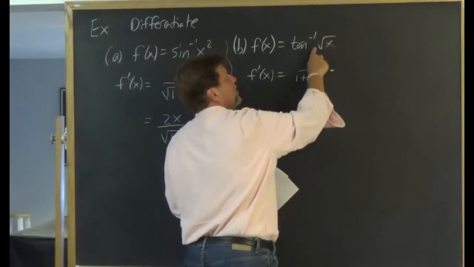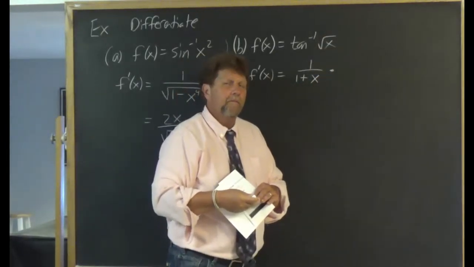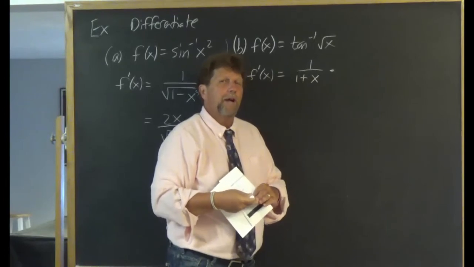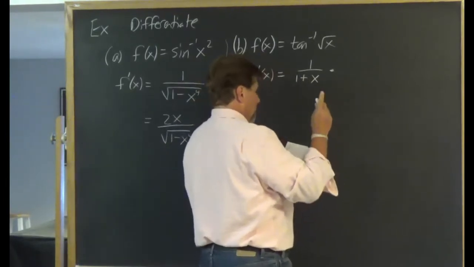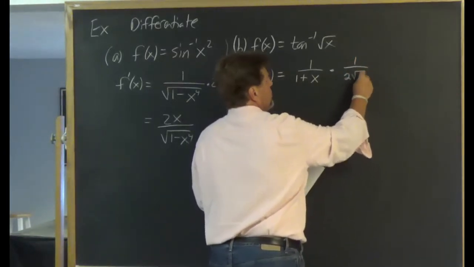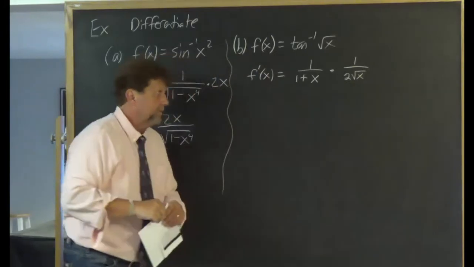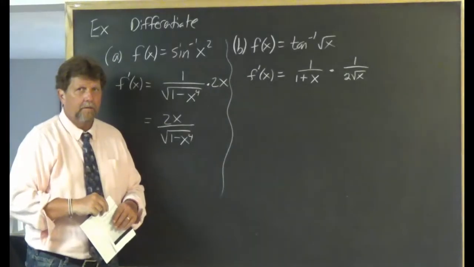Now we have to differentiate this. Well, remember square root of x is x to the 1/2. The derivative of x to the 1/2 is 1/2 x to the negative 1/2. Or I could write that as 1 over 2 square root x. I'm going to leave it like that.